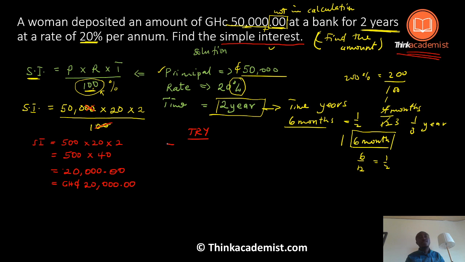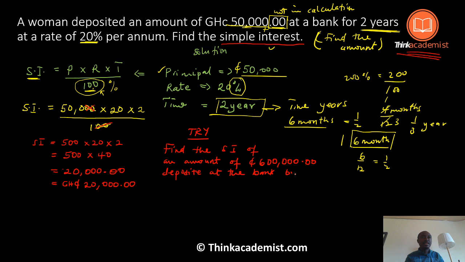Okay, so let's look at this. Find the simple interest, I'm going to make it short, of an amount of Ghana cedi 600,000 deposited at the bank by a man at a rate of, let me make it 1 year 6 months.